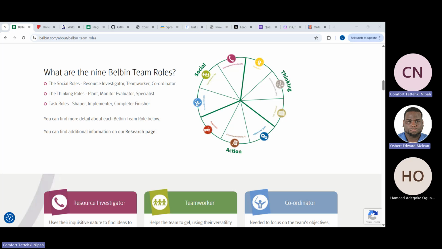So, as we discussed earlier, the action-oriented roles are those leadership traits. The Shaper is very dynamic, a dynamic driver who pushes the team towards goals. They are very goal-driven and thrive best under pressure.